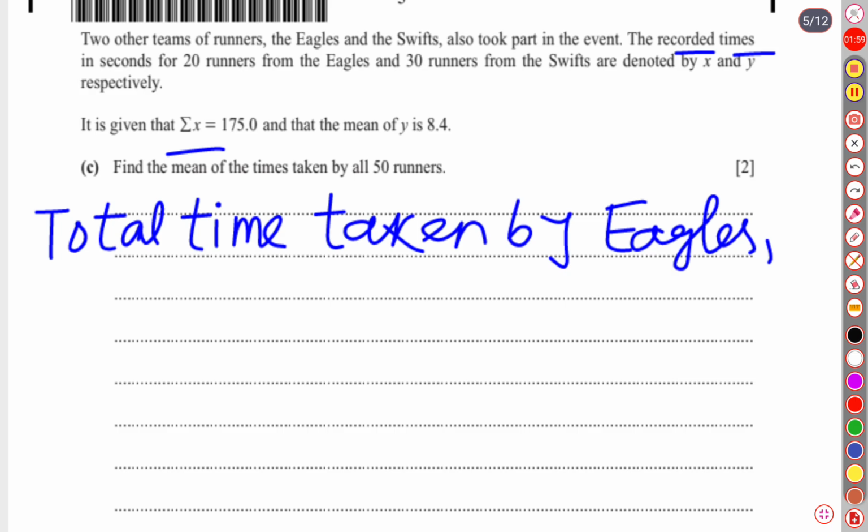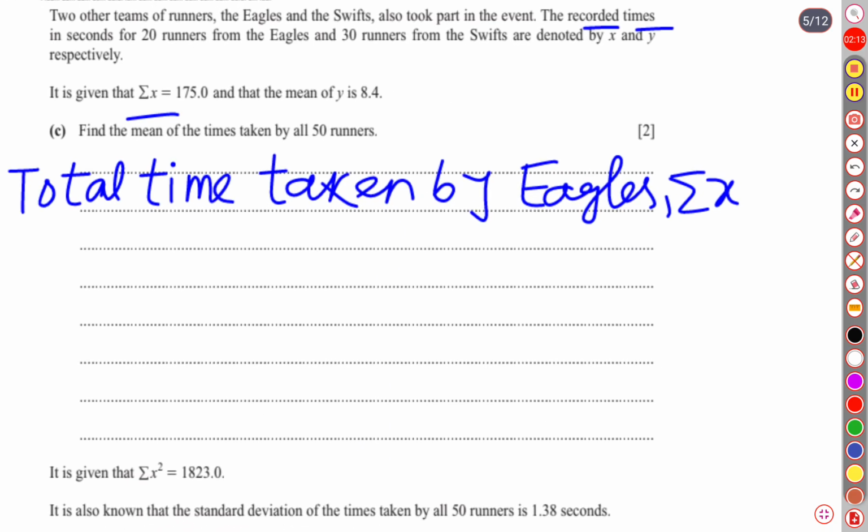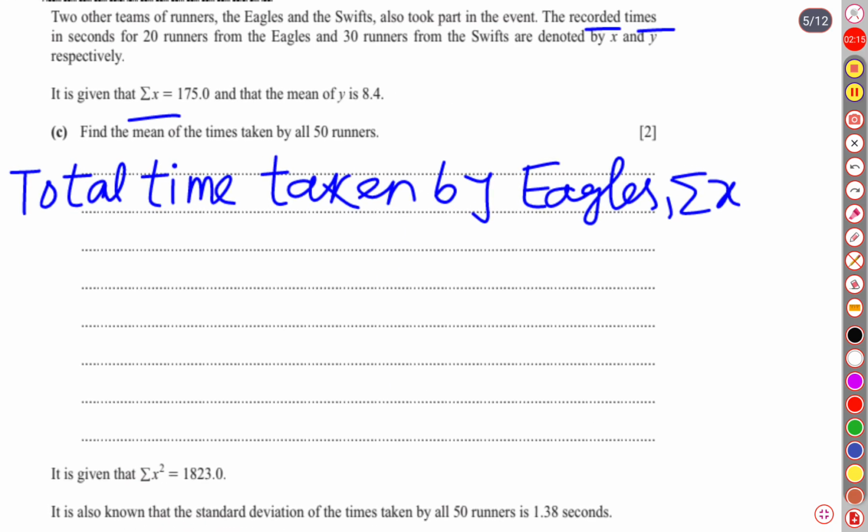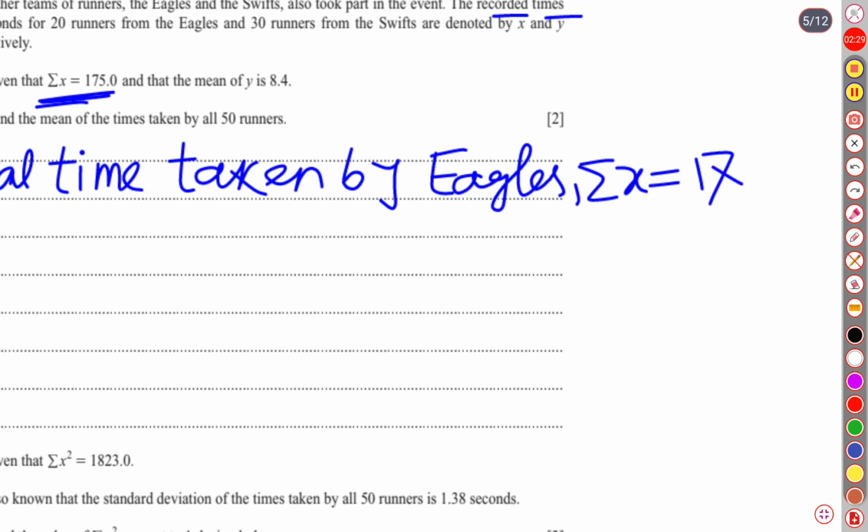Eagles is denoted by X, and as this is total time, it will be sum of X. Sum of X is equal to 175, as given. Whether minute or second, the unit has not been mentioned, so let us write only 175 seconds.